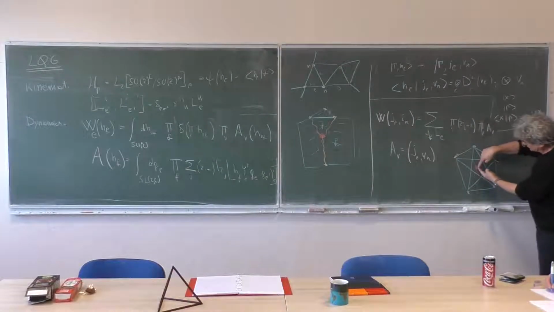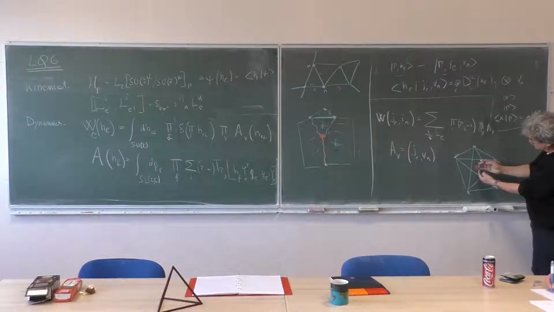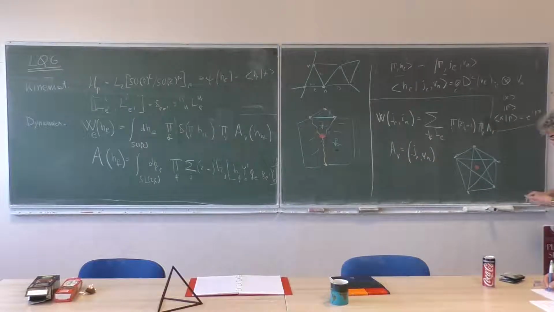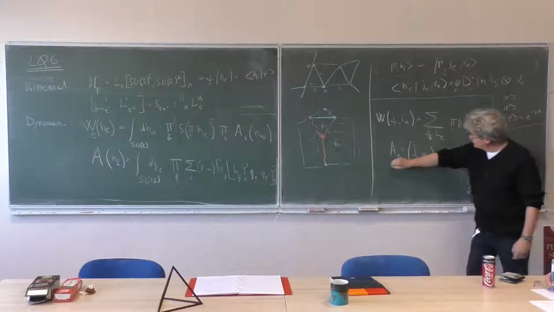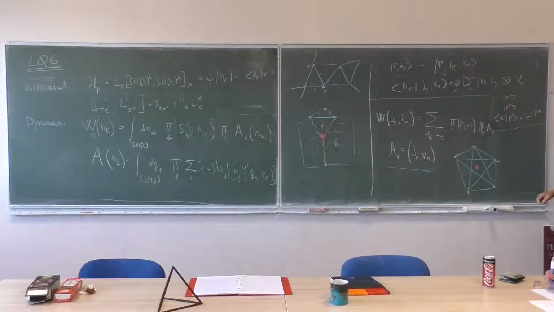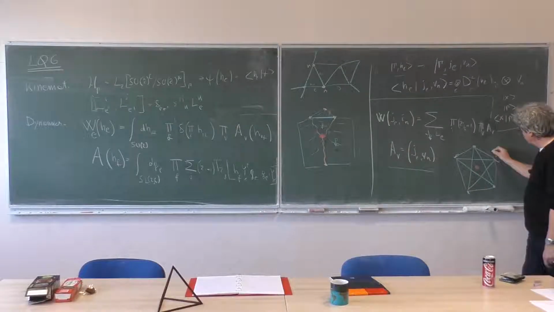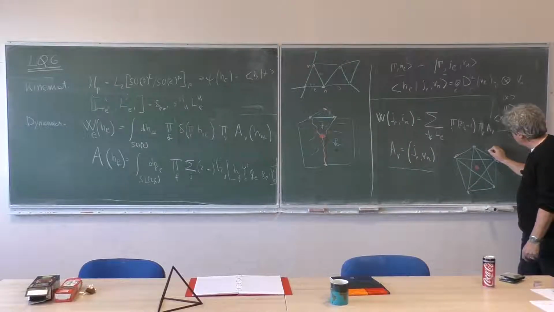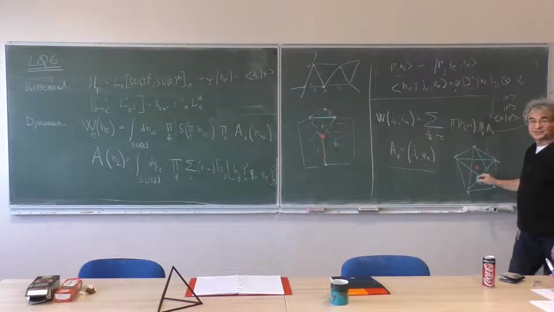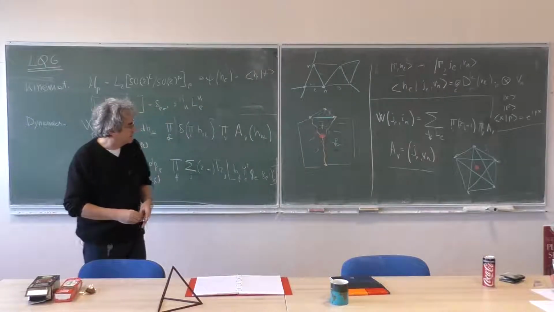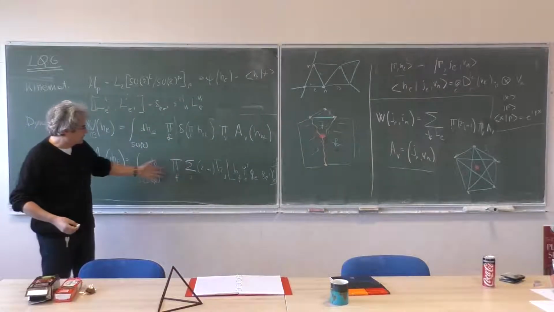You have edges that come from here to here, and you have faces in this way here. So this object here is the main object of the theory. It is the amplitude of the vertex, a function of 10 spins and 5 intertwiners. Right, this is the key object, and it's written explicitly in terms of this SL(2,C) integral.